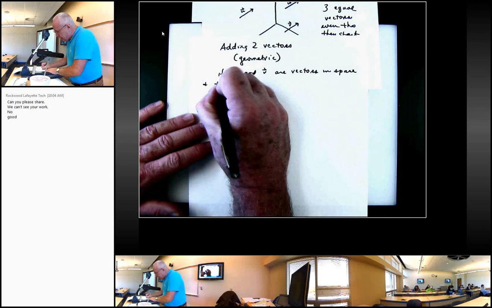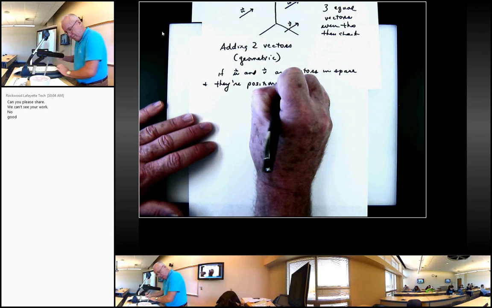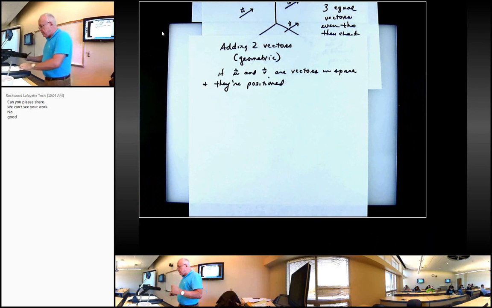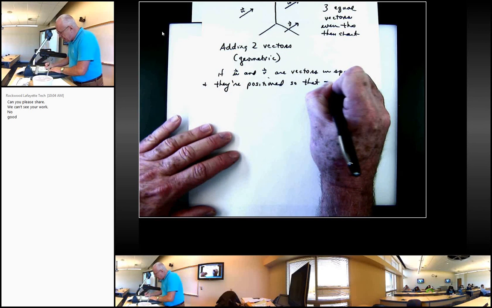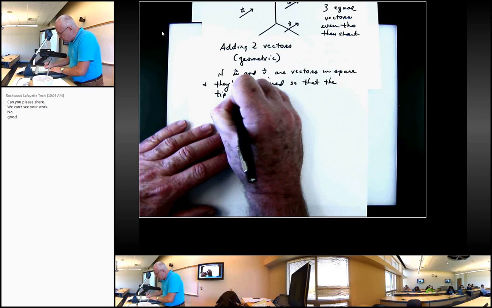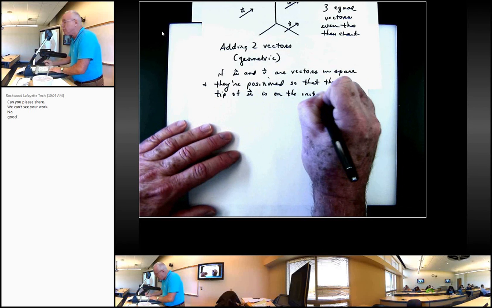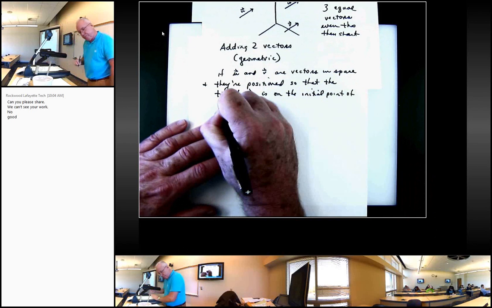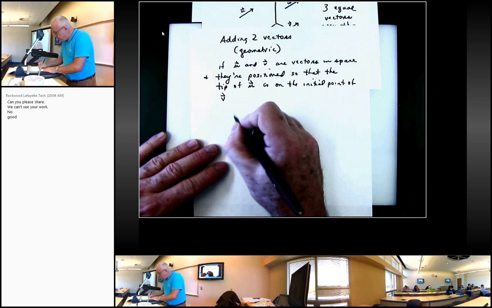And they're positioned so that the tip of u is at the initial point, or tail, of v. So let's just draw this here. So we've got u like this.